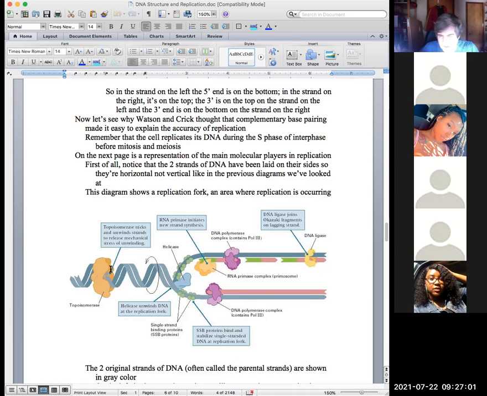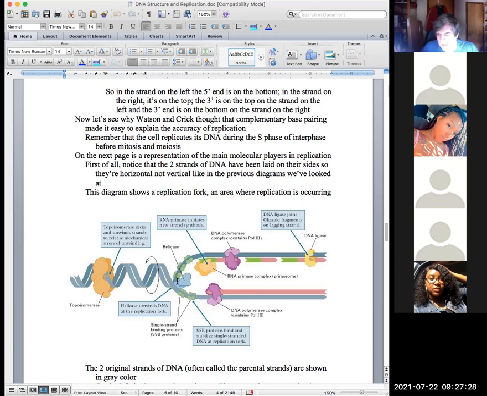And remember what we said all semester, things that end in ASE, that's a hint that this is an enzyme. What topoisomerase does is loosen up the connections between the nitrogenous bases on the two strands. It starts to kind of pry them apart.